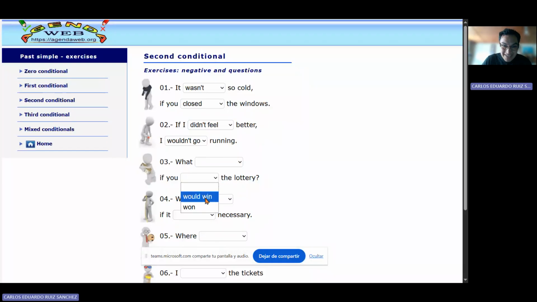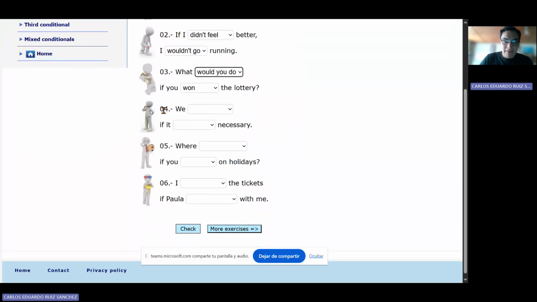Close past simple. So I got here would. This is not hard because it's easy. Number four, we. I start with the result. The result: we won't ask if it wasn't.